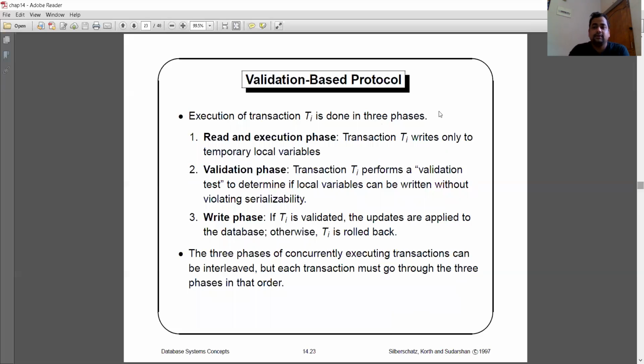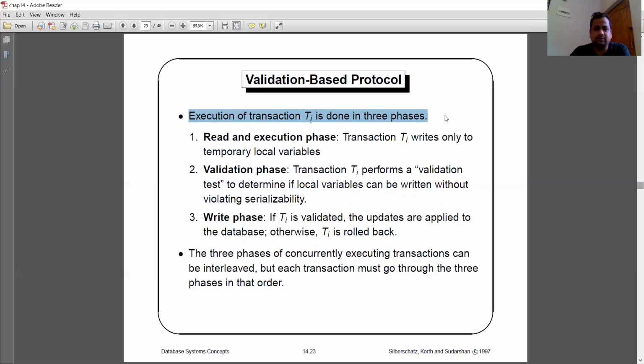Okay. So this is all about the timestamp ordering protocol. Next we'll discuss the validation based protocol. So let us discuss that validation based protocol. Now, execution of a transaction Ti is done in 3 phases.